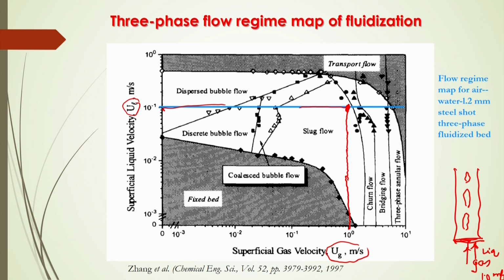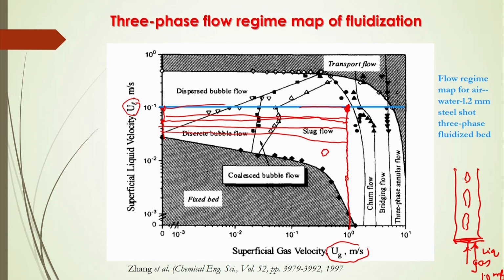Even fixing this gas velocity, if you decrease the gas velocity, maybe here in this case, then again you can get the slugging behavior. So, by fixing the gas velocity, if you change the gas velocity below this point or above this point of 0.01, you can get different combinations of gas and liquid velocity to get this slugging condition, because you are here in this location of slug flow.